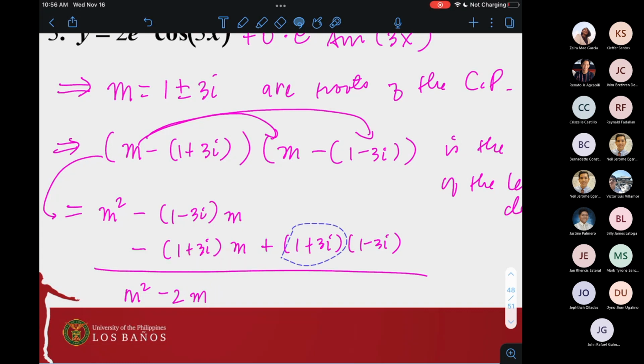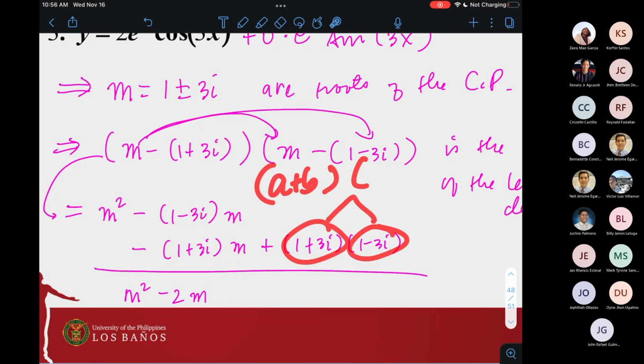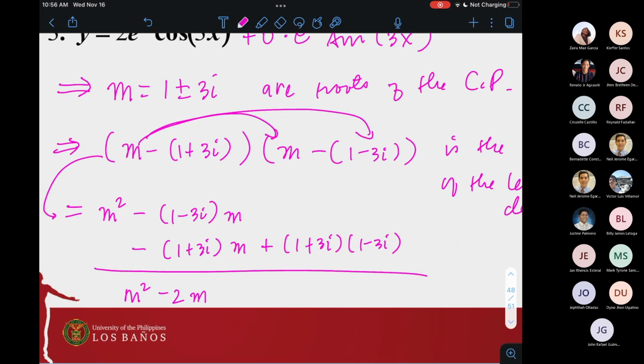And then this is a plus b times a minus b. Yan yung itsura niya, right? Tapos alam natin special products. This is a squared minus b squared. So essentially we'll have plus 1 a squared minus b squared, no?